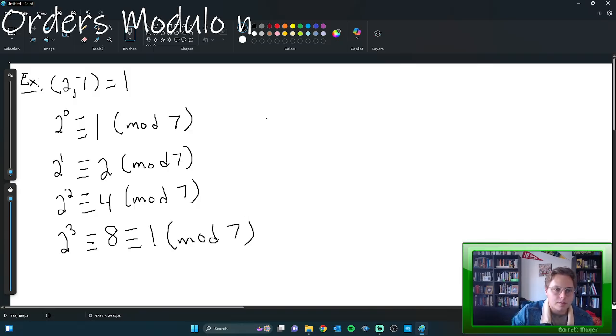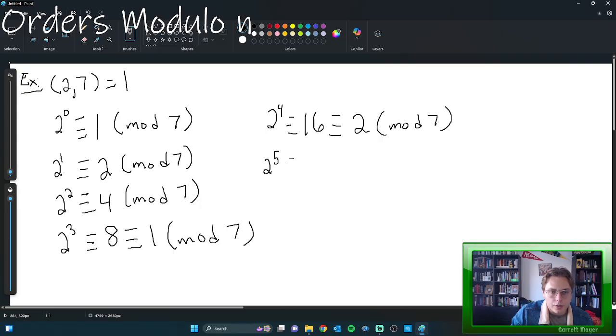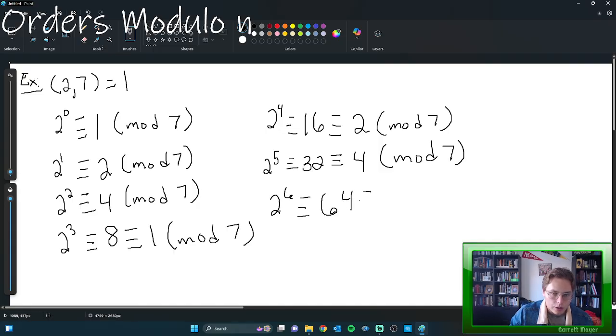Next, 2 to the 4 equals 16, so that's congruent to 2 mod 7. And then 2 to the 5 is congruent to 32, which is congruent to 4 mod 7. Then finally, 2 to the 6 is congruent to 64, which is congruent to 1 mod 7.